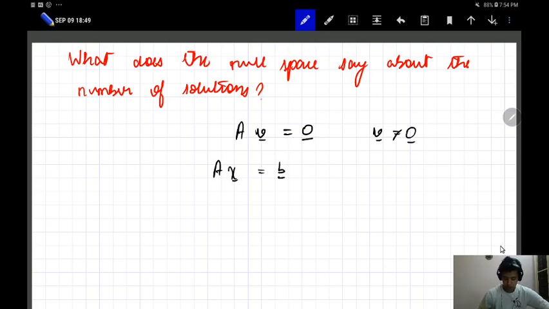Then I claim that if this property is satisfied, and if there exists at least one solution for A x equal to b, then in fact there are infinitely many solutions for A x equal to b.